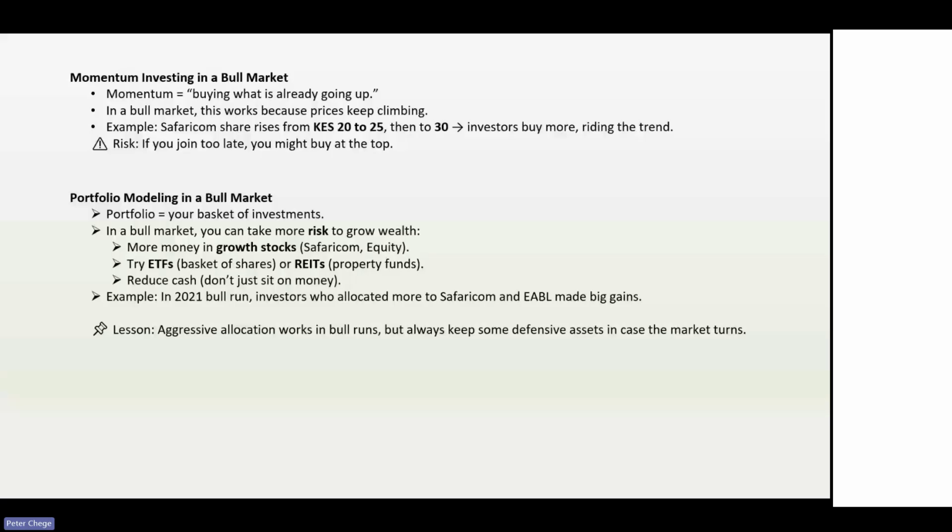So an ETF is a basket of shares sold as one unit. They trade the normal way you buy shares. If they give dividends, you'll be given. But the beauty of ETFs is that when some stocks within the ETF are going down, the others are going up. When they average, then you don't make losses.